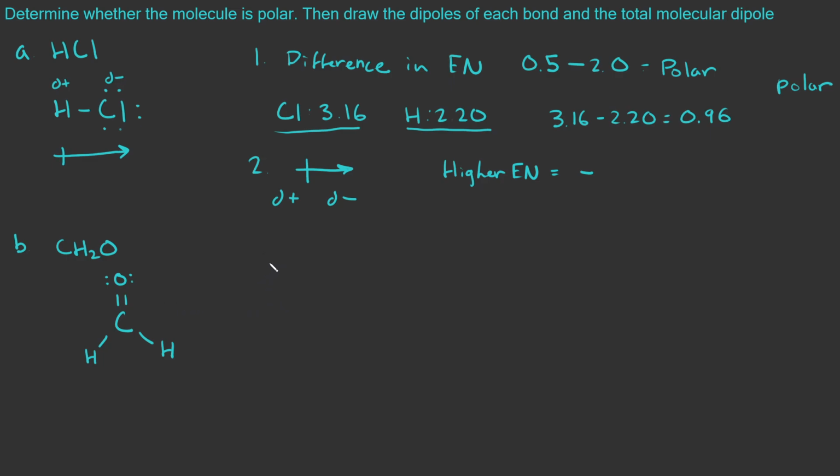For step one, we have to look at our C double-bond O bond. We also have to look at our CH bond, because those are the two types of bonds that exist in this molecule. So our first step is to find the difference between electronegativity of C and O, and C and H, and determine if they are polar or nonpolar.